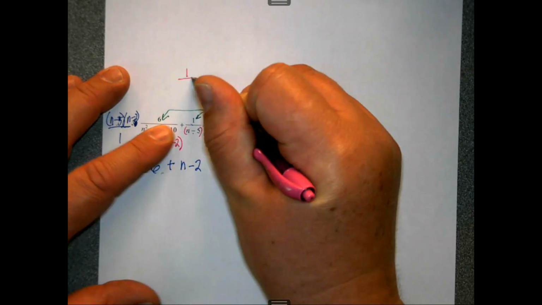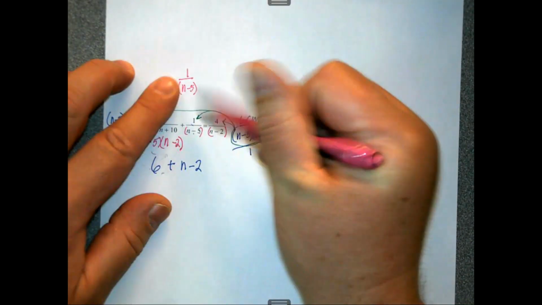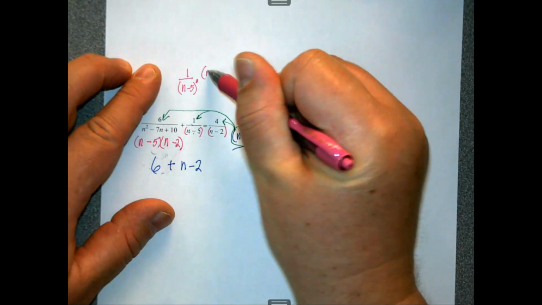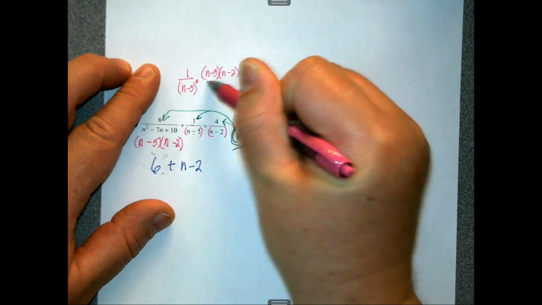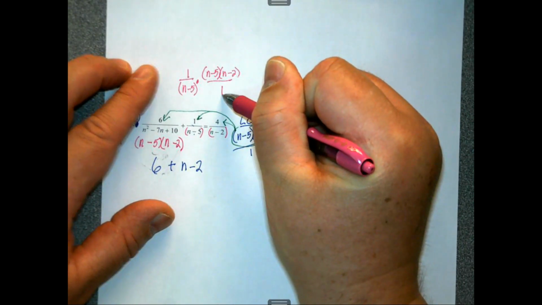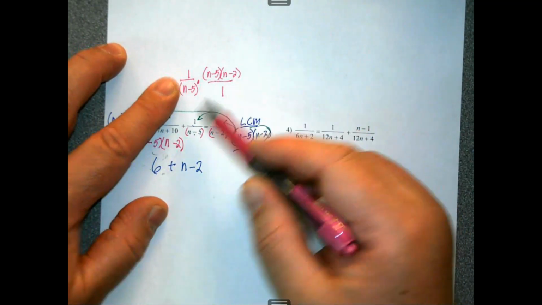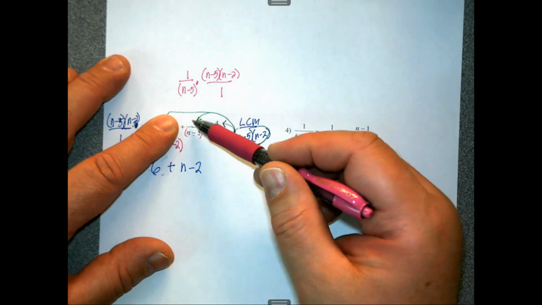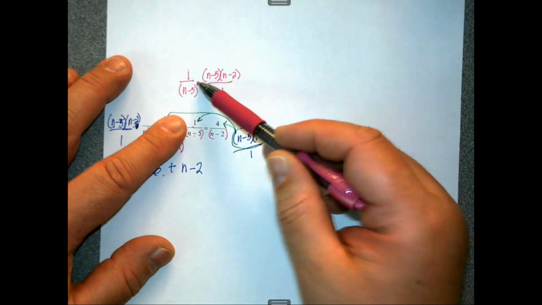I'm taking 1 over n minus 5. Okay, there's my fraction, and I'm multiplying it by n minus 5 times n minus 2 over 1. Okay, because I'm multiplying it by my lowest common multiple. You see that, Sierra? I'm taking the 1 over n minus 5 and I'm multiplying it by my LCM.